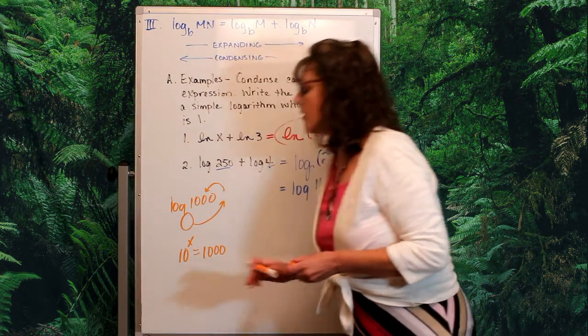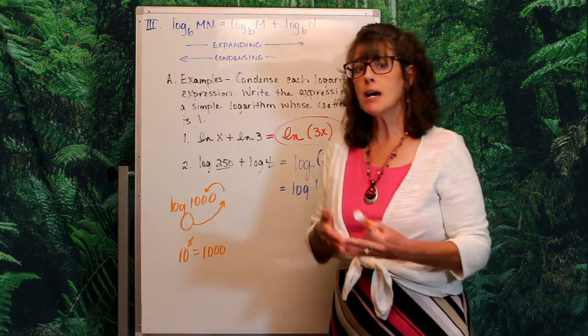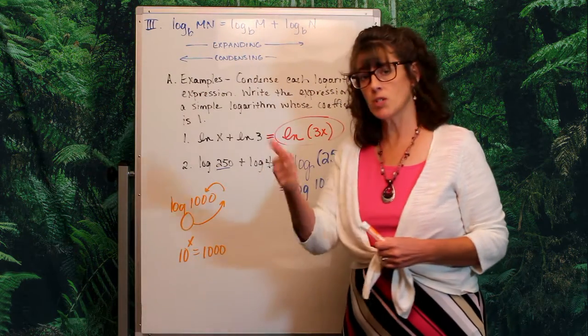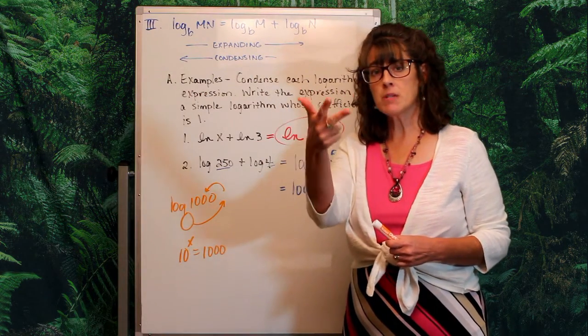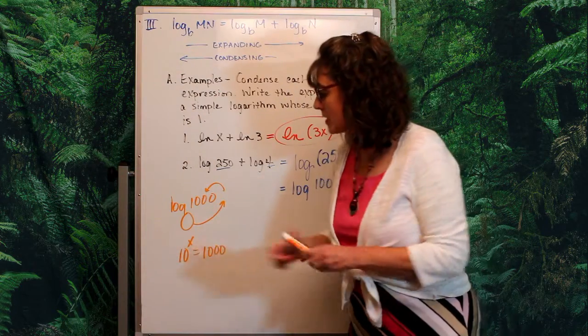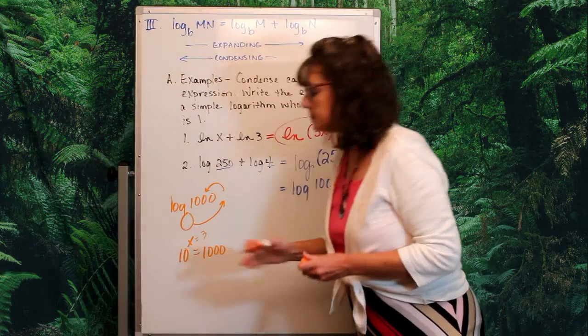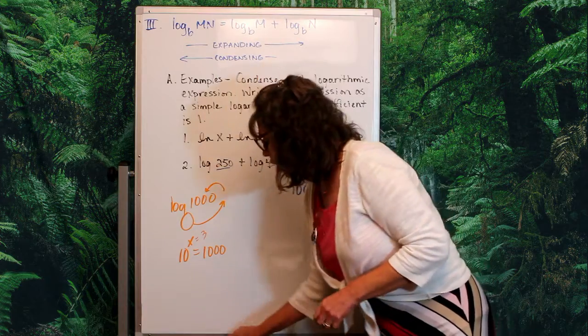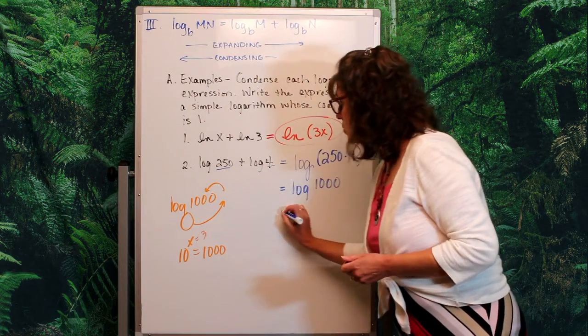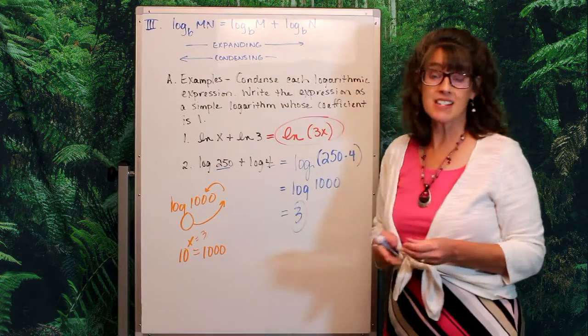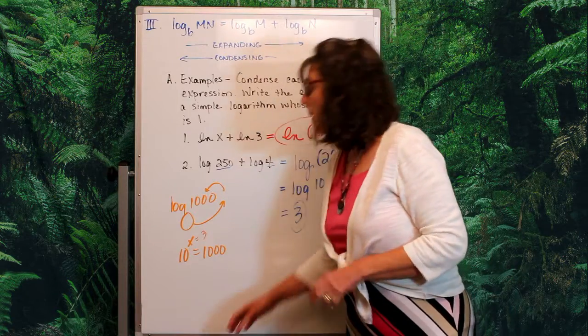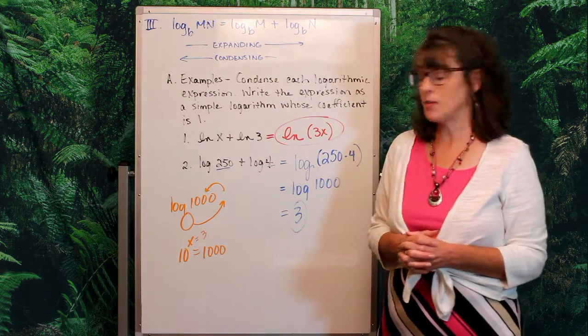And now I ask myself, how many times will I multiply 10 by itself to create 1,000? Well, 10 times 10 is 100, 100 times 10 is 1,000, aha. My exponent here is going to be a 3. So therefore, log base 10 of 1,000 is just a 3, and that's it. I can take that a step further because I can evaluate that logarithm.